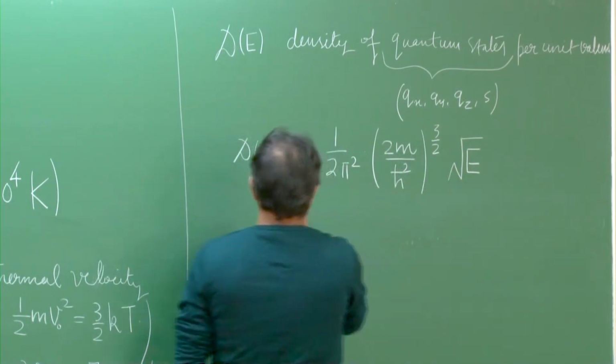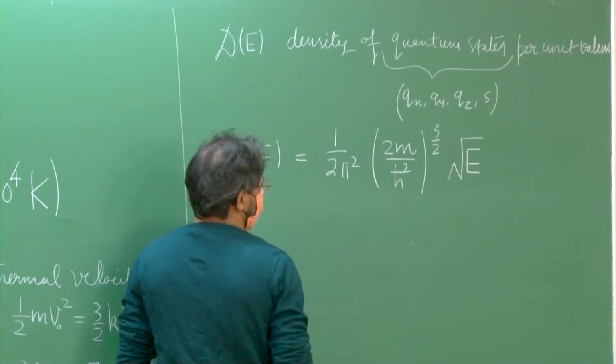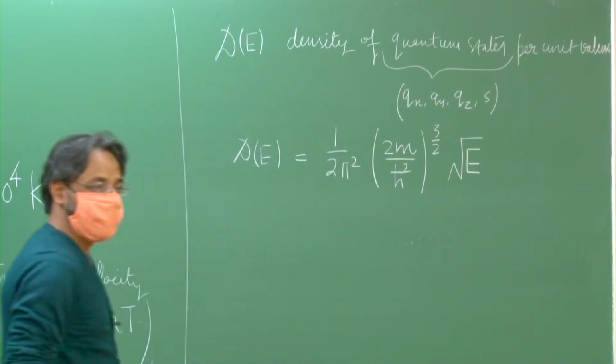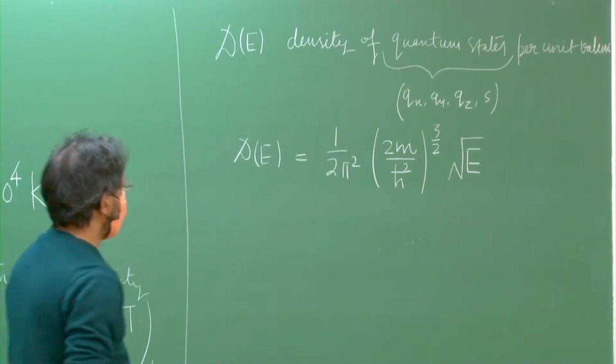So, the density of states in 3D for an electron gas is proportional to square root of E. Okay.